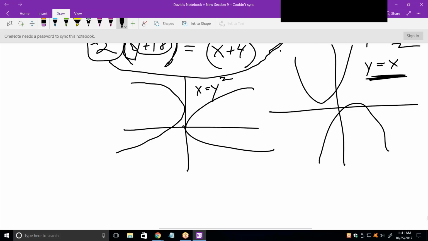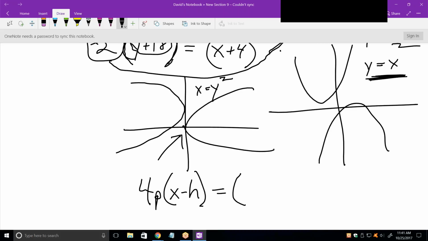The 4p always goes in front of the variable that is not being squared. In this case, it's the x, if we're dealing with this situation here. So it's x minus h. H always goes with x, always being subtracted from it. On the right side, it is now y minus k that's being squared.